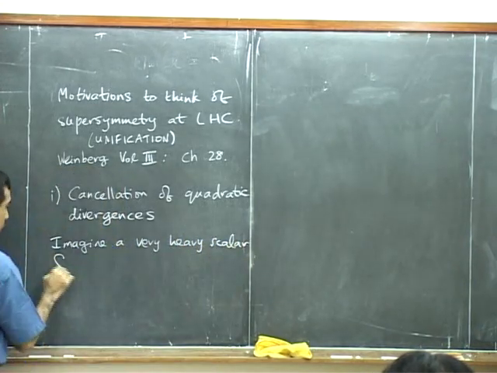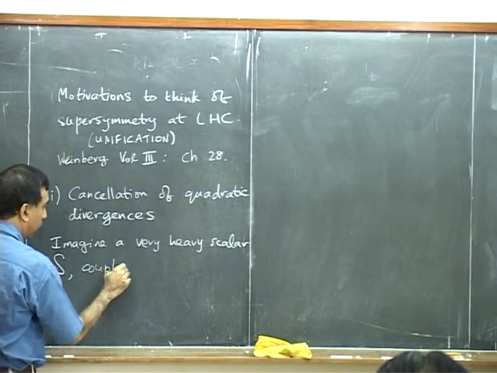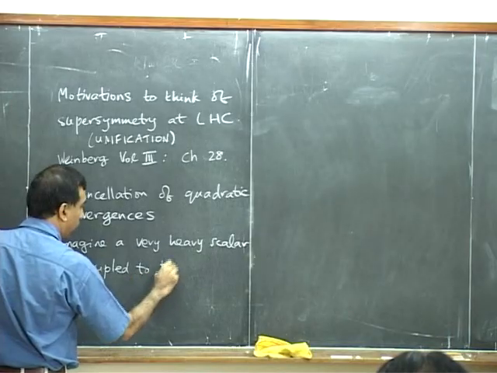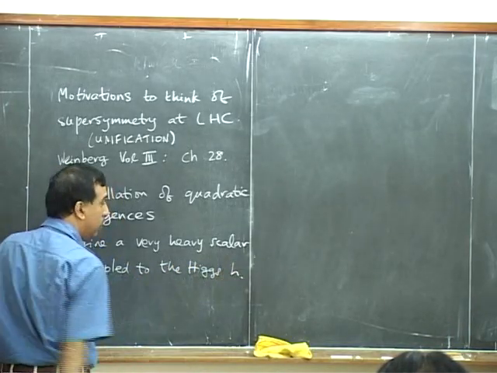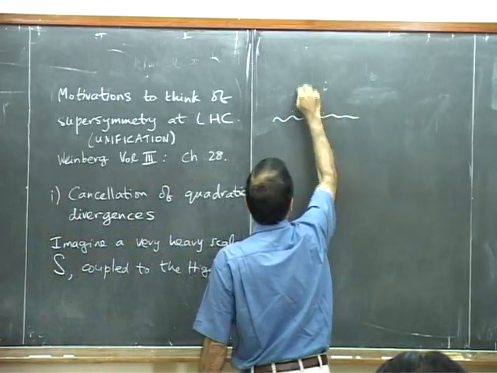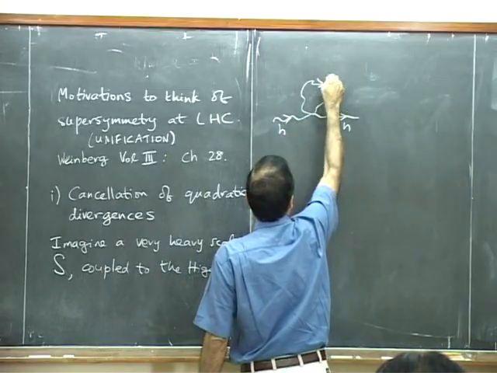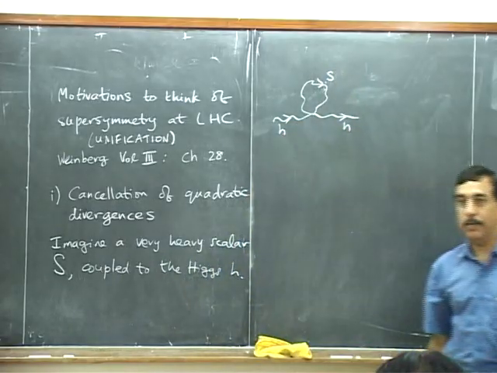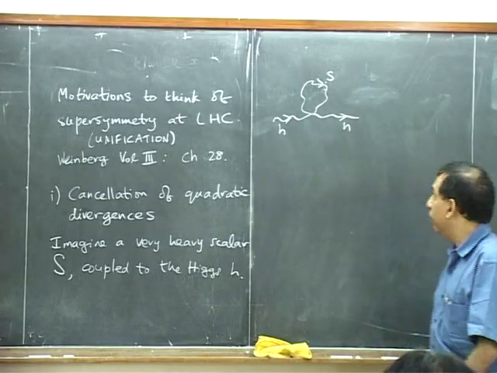Let's call it S, coupled to the Higgs, which we'll call H. Then we have the following one loop diagram, where this is an H and this is an S. We'll assume that they have H squared S squared coupling, which is a renormalizable quartic coupling.